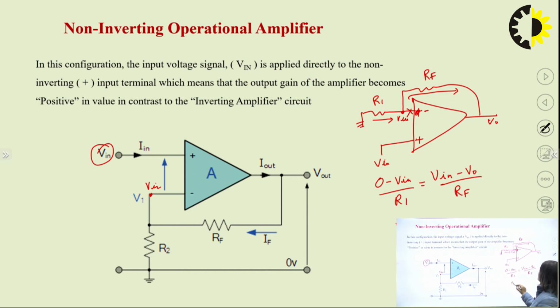So V0 upon RF is equal to VIN times 1 upon RF plus 1 upon R1.